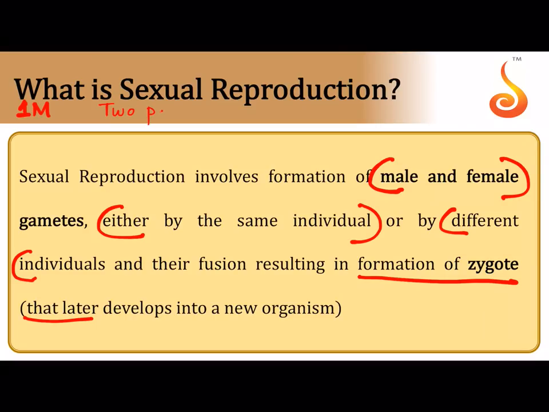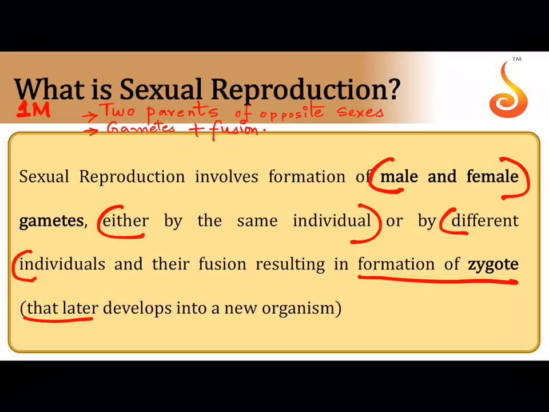So basically you can remember that two parents, this is not a broad definition, it's not a universal definition, because you know that it is not always two parents, but please remember, generally there are two parents involved of opposite sexes, and it involves formation of gametes plus their fusion. So very important definition question.